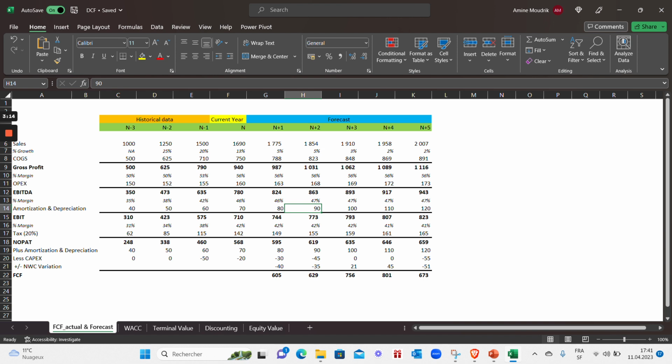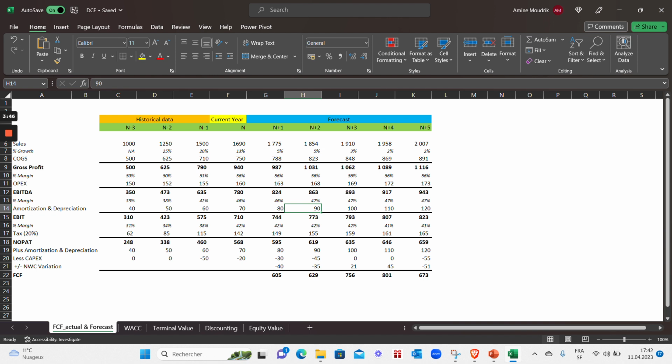Once all of these are defined, we then start our revenue and expense projection. The projection is usually done over 5 years. It's not necessarily a rule, but this is what is usually done, as it strikes a balance between providing enough visibility into the future cash flows and reducing the uncertainty associated with long-term forecasts.